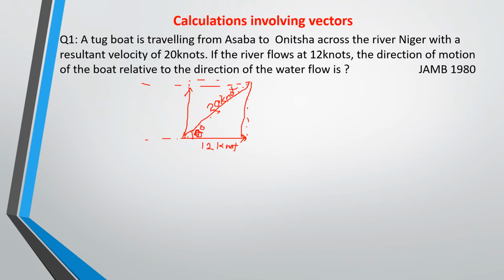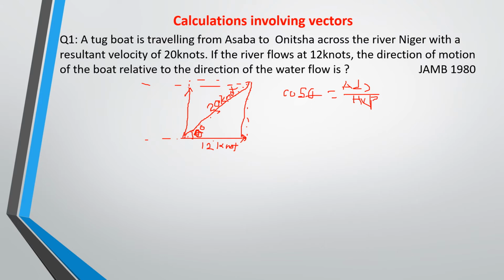Looking at this picture, use the trigonometrical ratios, and that is cosine. This is adjacent and this is hypotenuse. So for you to find the direction of flow, you say cos theta is equal to adjacent over hypotenuse.